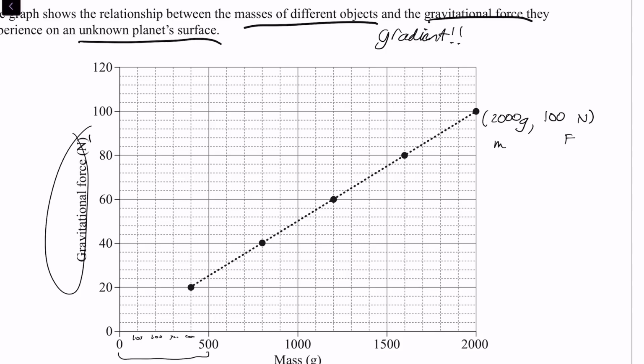Okay, because there are 5 divisions, and 0 to 500 is a difference of 500, I'm dividing by 5 each, so each division equals 100. So this is 500 minus 100, that's 400 grams, comma 20 newtons.